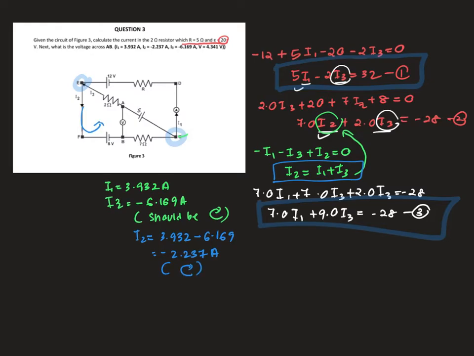But the question asks you to find the voltage across AB, which means that the question asks you about the potential difference from A to B. Like I mentioned before, if you need to find the potential difference, make sure that for the currents that you get negative, you fix that direction first, then you start the calculation.